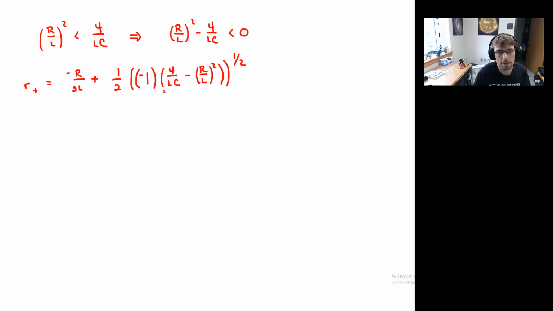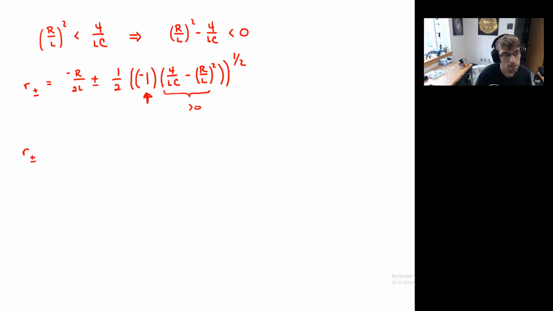Now keep in mind, because I've swapped the order, this term is greater than 0, and notice I have that negative 1 explicitly written. Well, what does this mean? Let's just put the minus in. Okay, well, what does that mean?